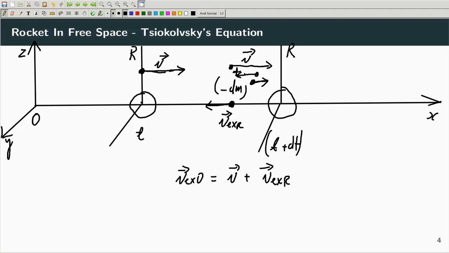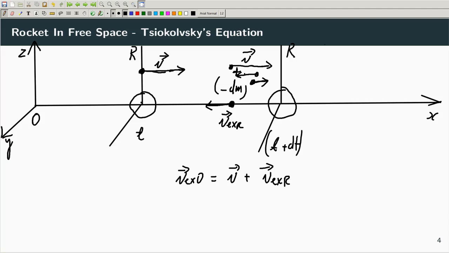If the speed of the exhaust is much faster than the rocket speed, the net velocity vector will point in the negative direction, according to our inertial reference frame O. In the rocket frame of reference R, the exhaust mass will always be in the negative direction, if one sticks to the convention of the rocket going forward being the positive direction.